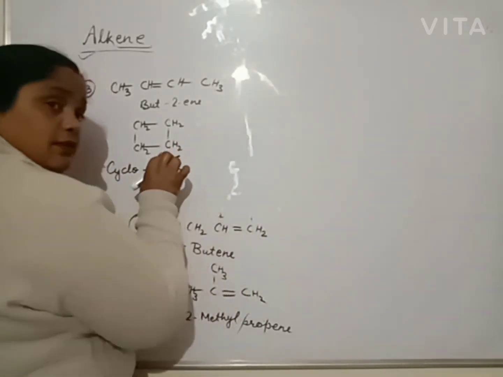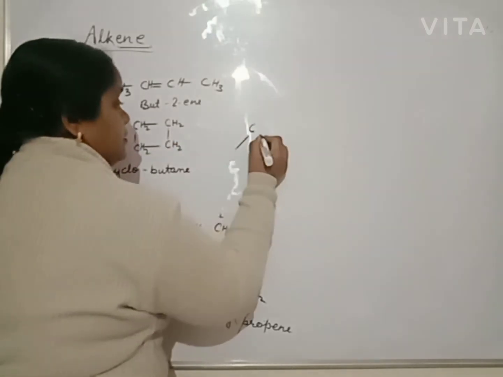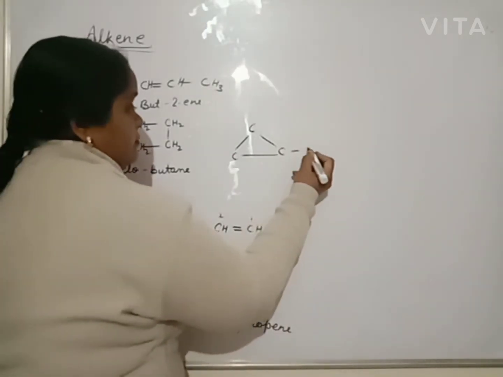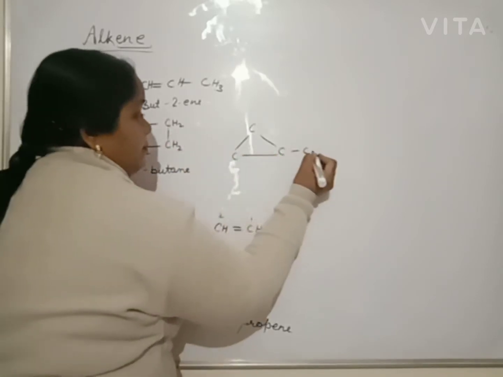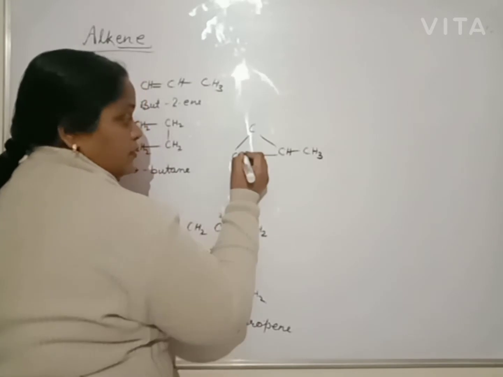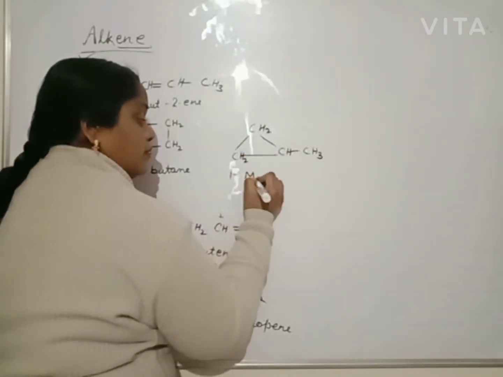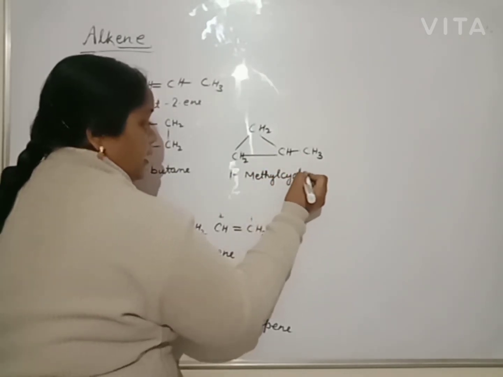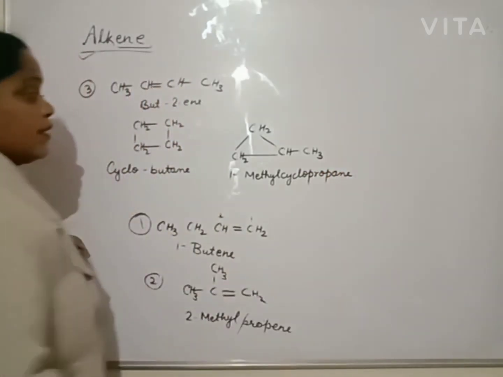Now chain isomerism applies here. You must draw 3 carbon in a ring and 1 carbon on any ring carbon. Complete the valency. It is methylcyclopropane, with 3 carbon in a cyclic structure.